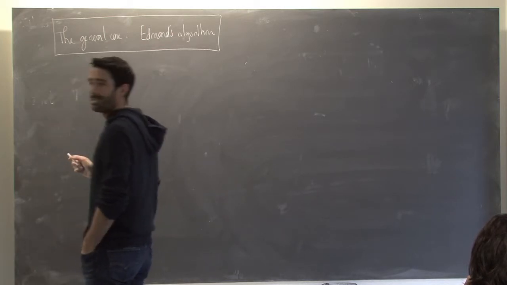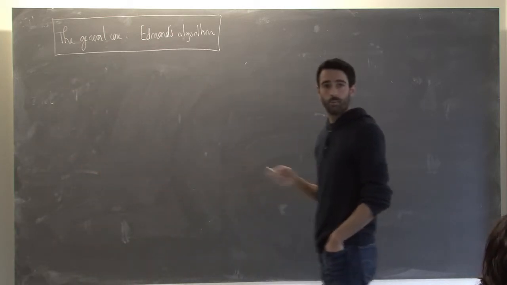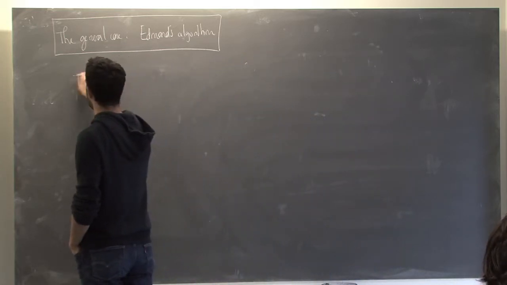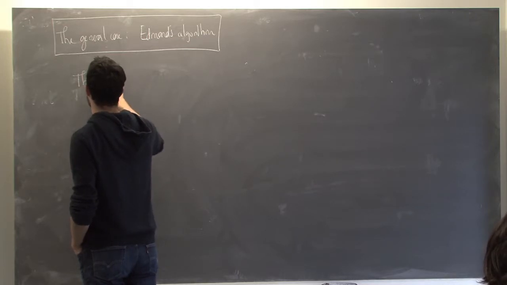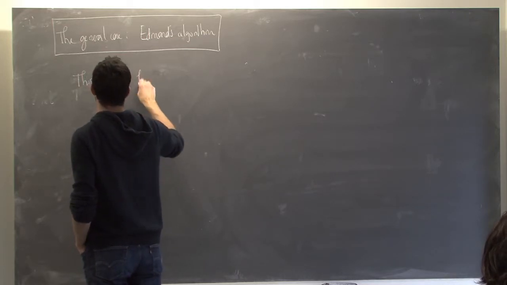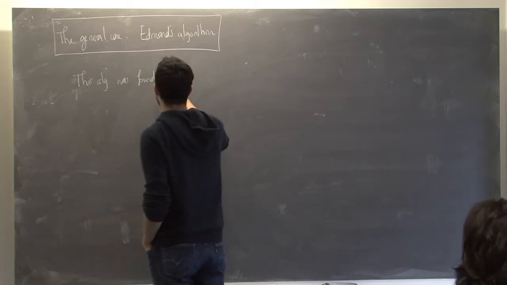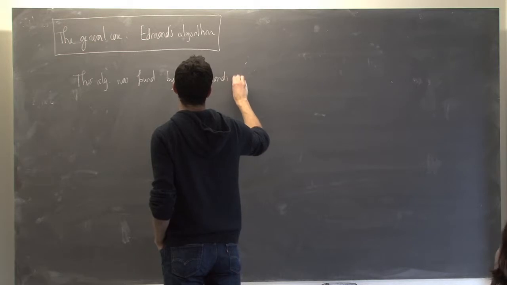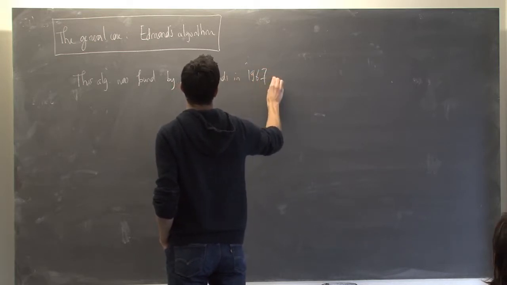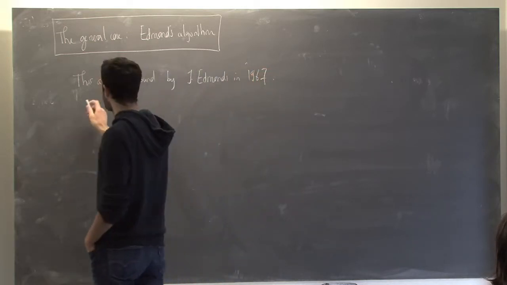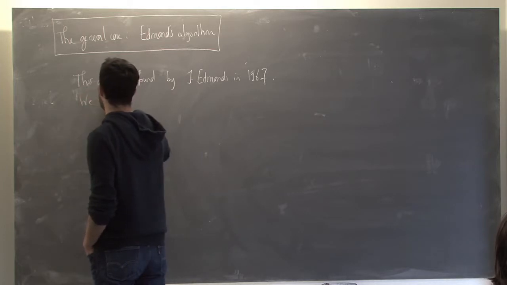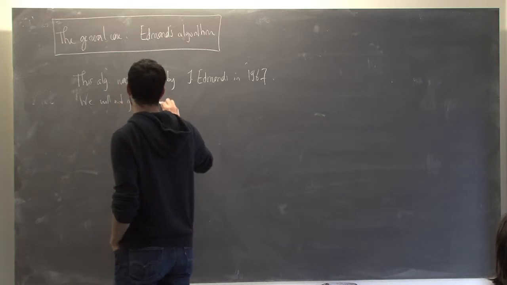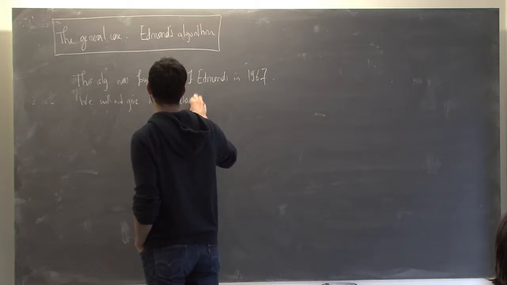It's only in 1967 that a general algorithm was found, by Jack Edmonds. So we will not give many details here, just explain a little bit the idea.